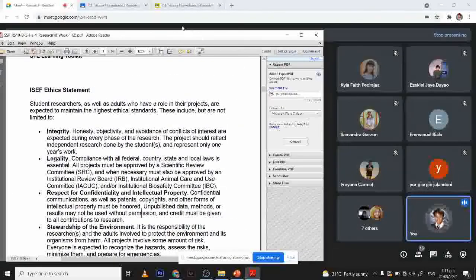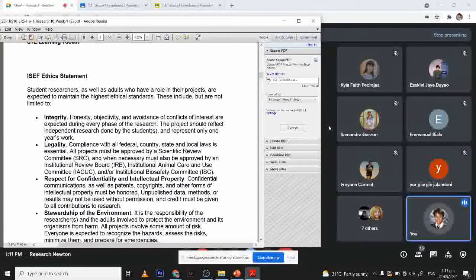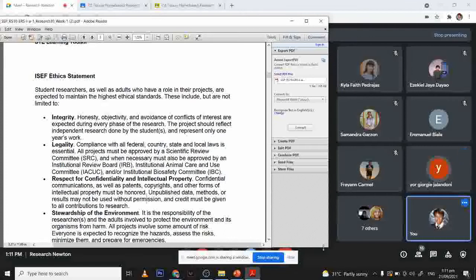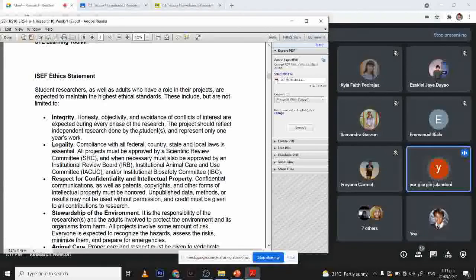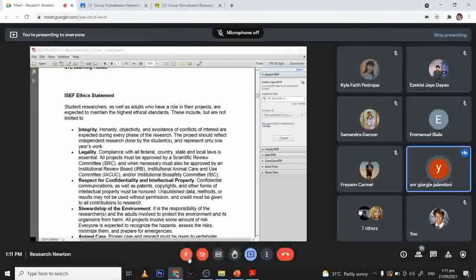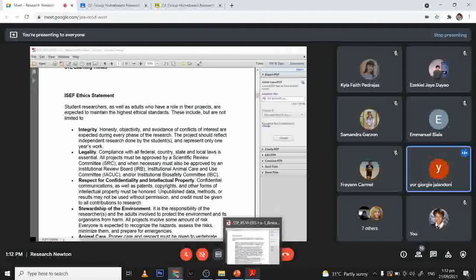Okay. So, of course, integrity, you must be honest. You need to make sure that the research was really done by you and not by other people. Right now, in the research field, there are people that are paying other people to do their research.